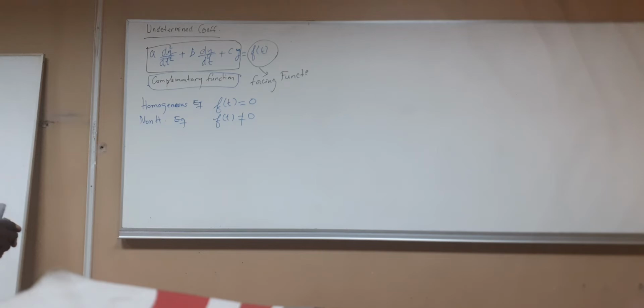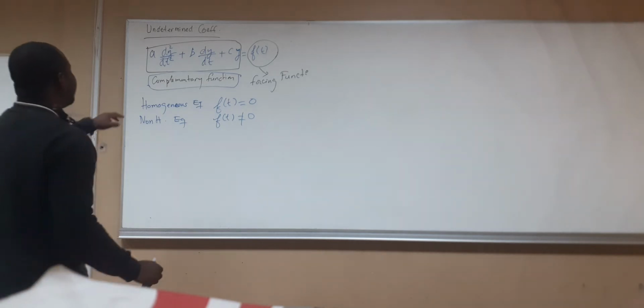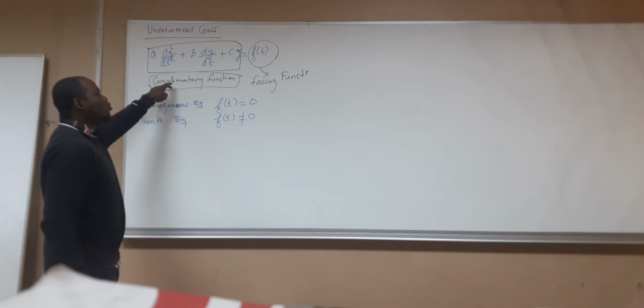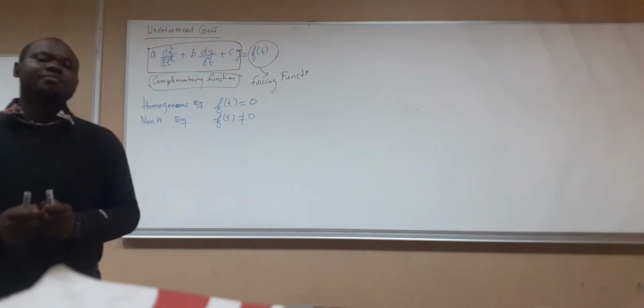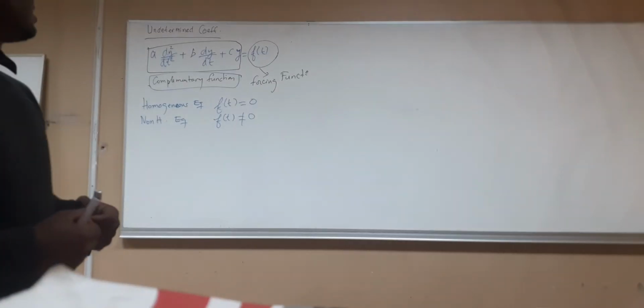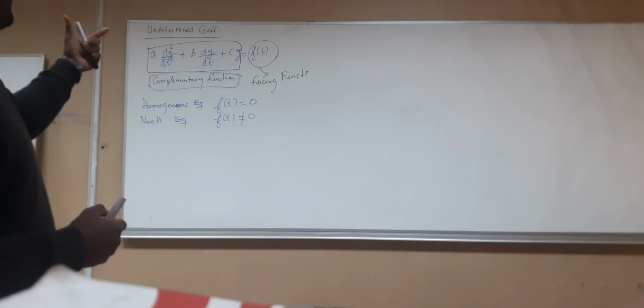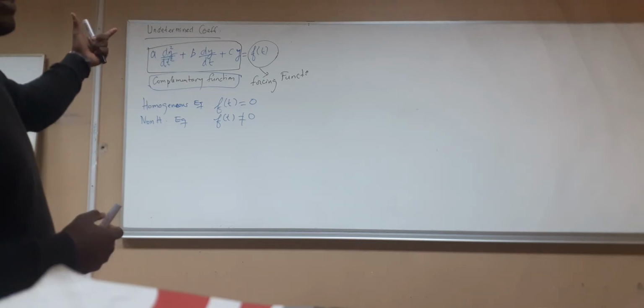What you need to know, when you have your complementary function, is that you need to look for what you call the characteristic equation. The characteristic equation is simply you extract the quadratic equation which is there.